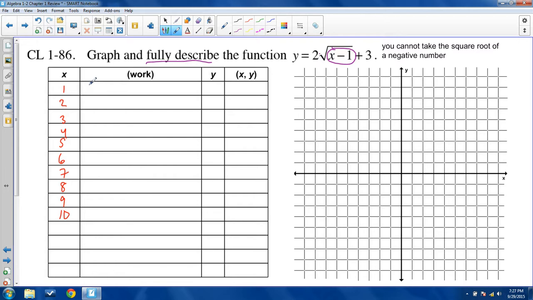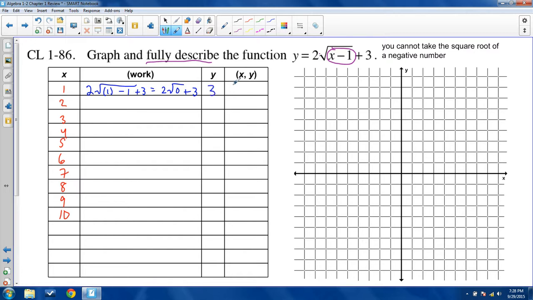So the work for the first one, I'm going to write 2 times the square root of 1, that's for x, minus 1. Then outside the square root is plus 3. So that's going to equal 2 times the square root of 0 plus 3. Square root of 0 is 0. You can actually take that square root. Otherwise, I wouldn't have chosen the value 1. 0 times 2 is 0. 0 plus 3 is 3.